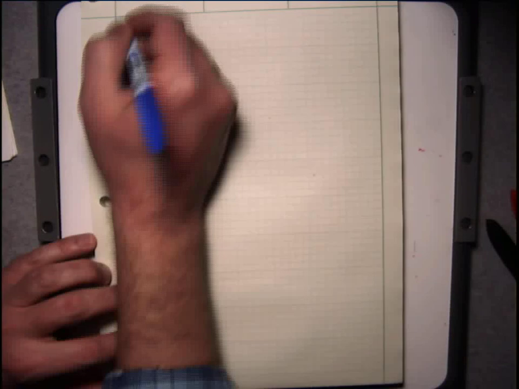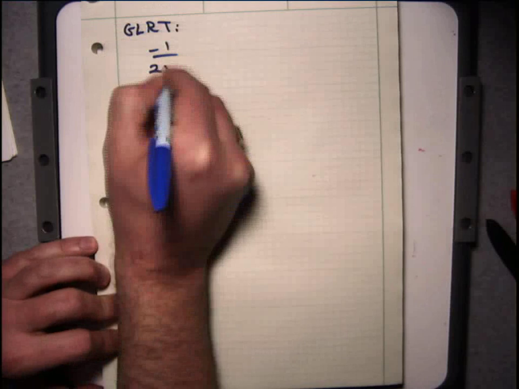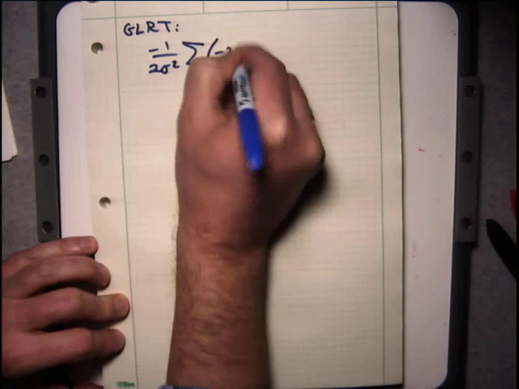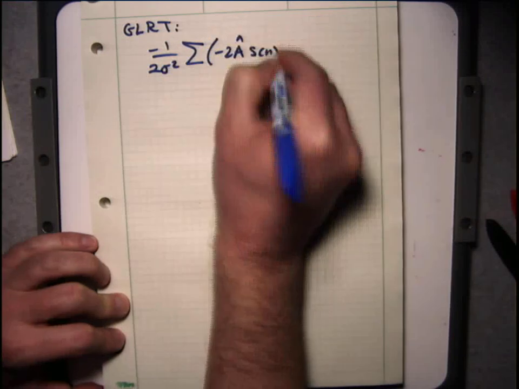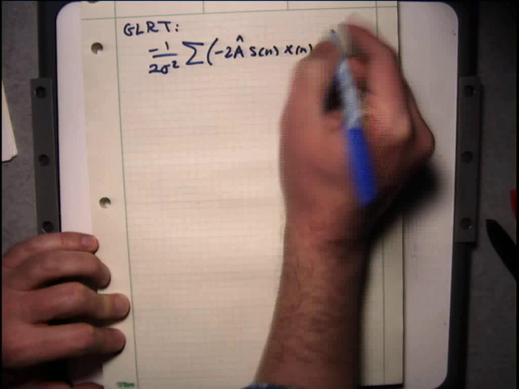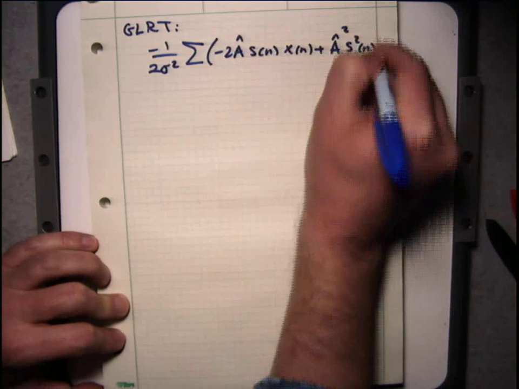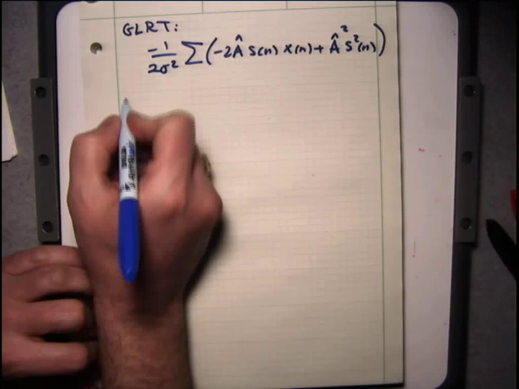Okay, so minus 1 over 2 sigma squared, sum of minus 2 A hat, now this is going to be the maximum likelihood estimate, s of n x of n, plus A hat squared s squared of n. Okay, and this is going to be compared to some threshold.